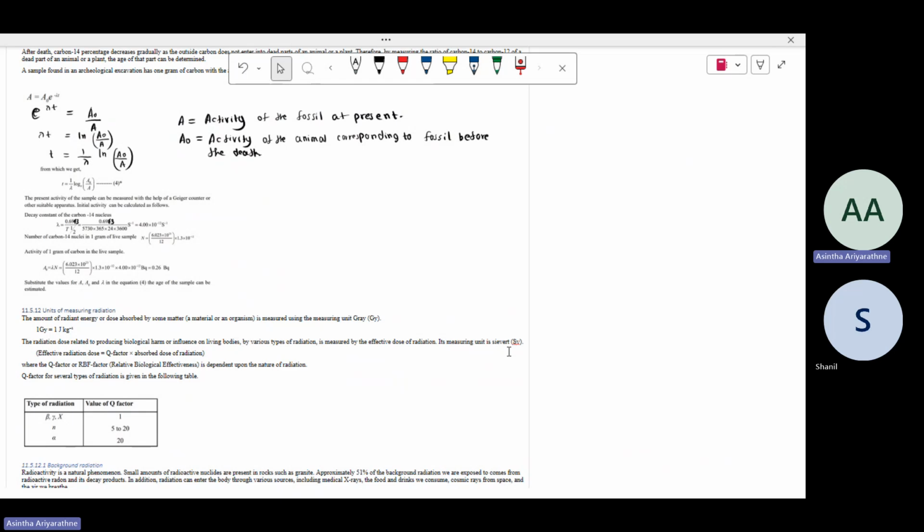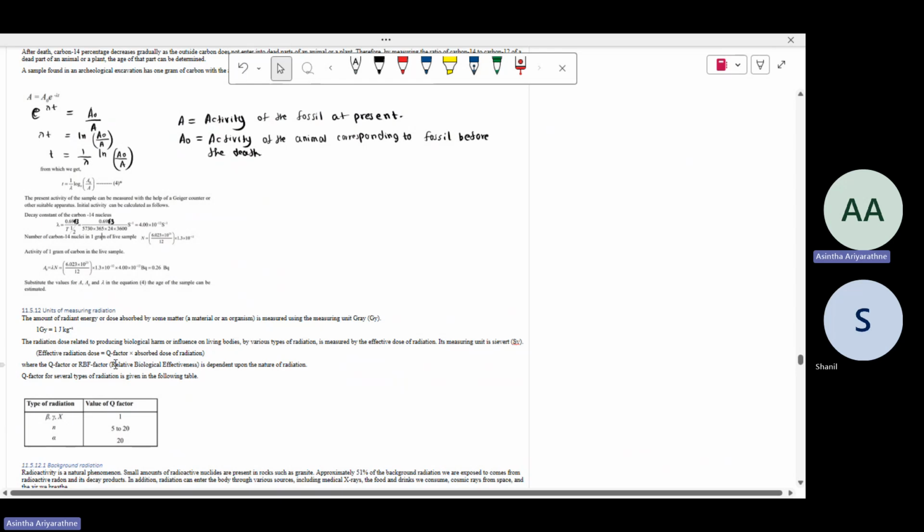Sievert resembles the harmfulness, or how dangerous the absorbed radiation becomes. The radiation is rated by how much biological harm it produces or how it influences the living being. That is measured in sieverts. So sievert is the effective radiation dose, the harmfulness.